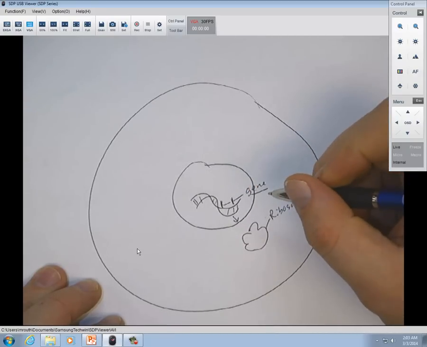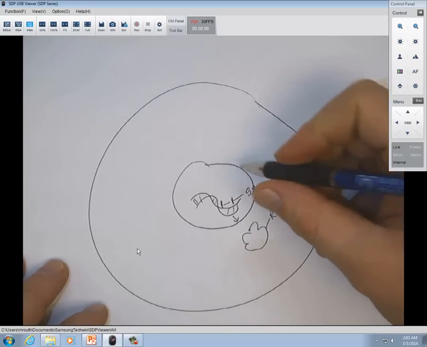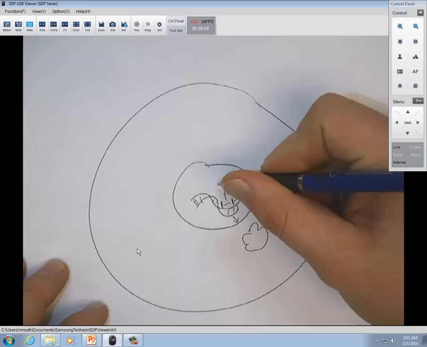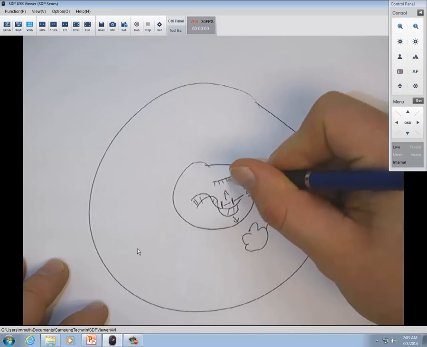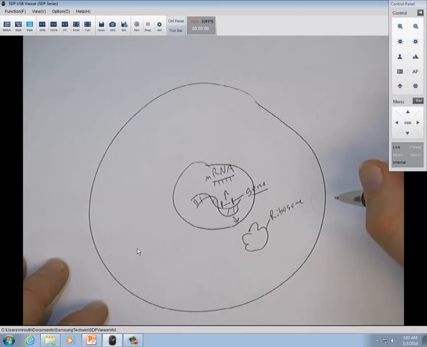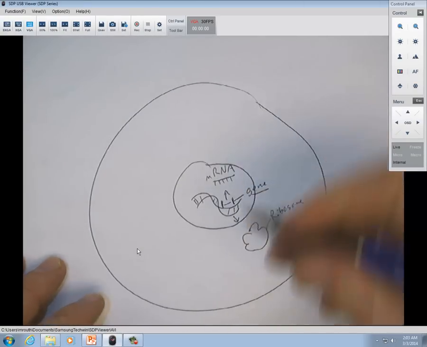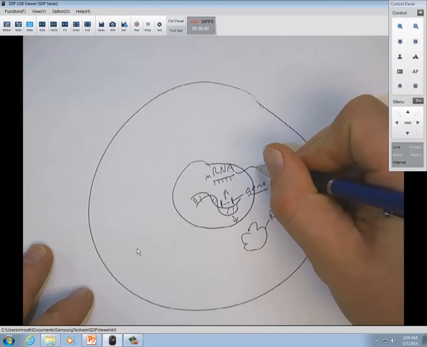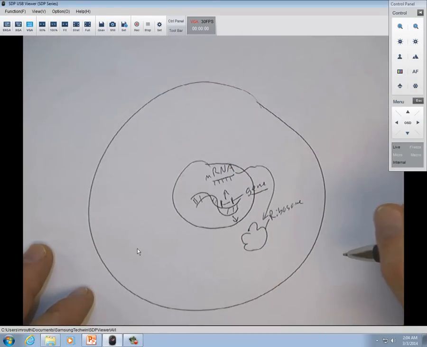This is just a sequence of nucleotides coding for one protein. That gene will be transcribed into a single chain of messenger RNA. So that's our final product. This messenger RNA can then leave the nucleus and attach to the ribosome for translation.